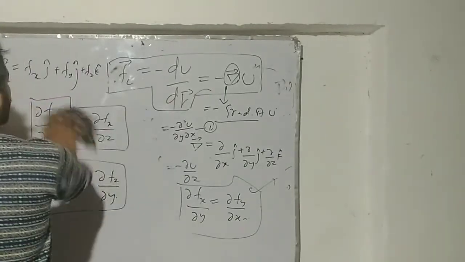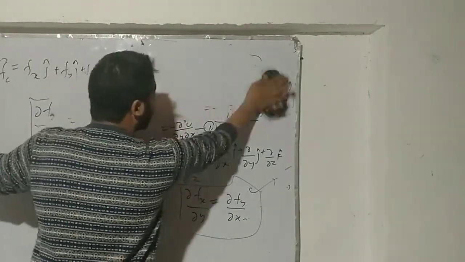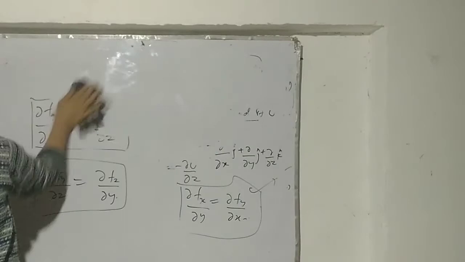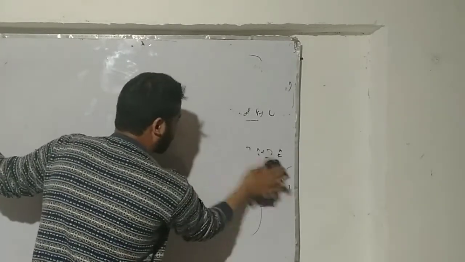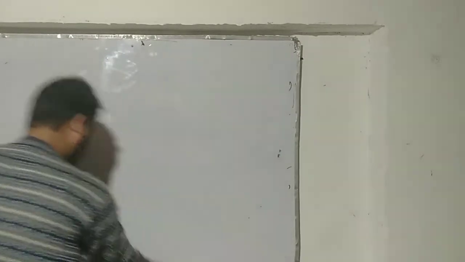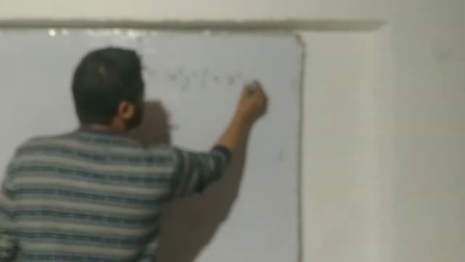Here I will mention an example of a force equation. Suppose in the previous discussion I used this force equation: x square y square i plus x square y square j.